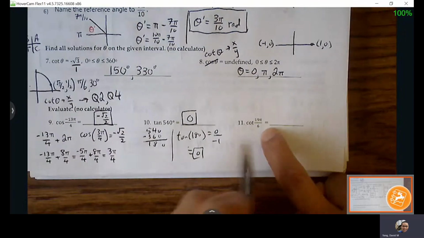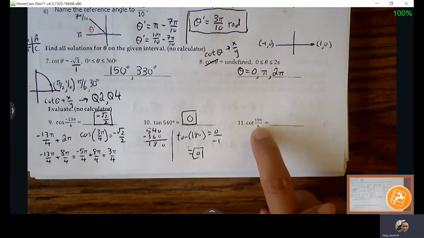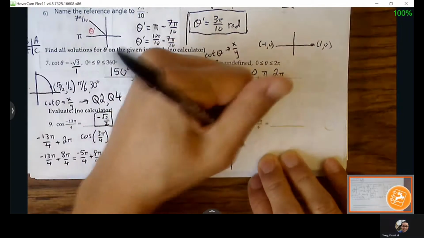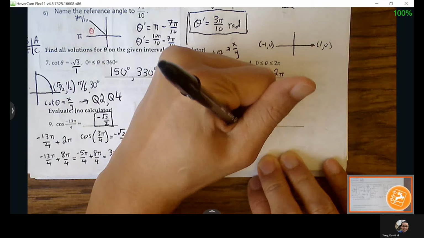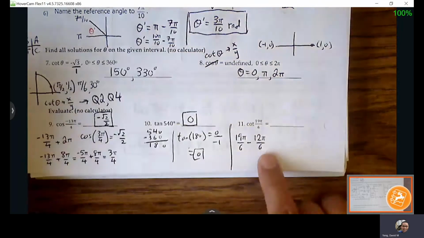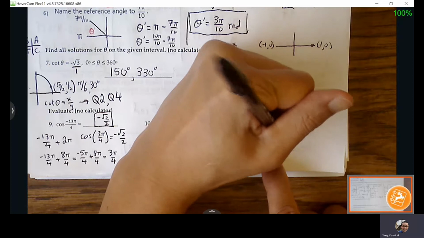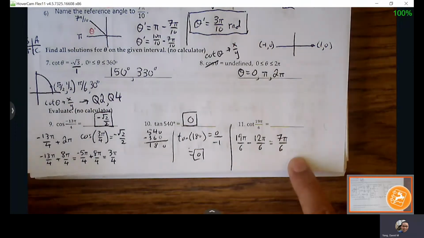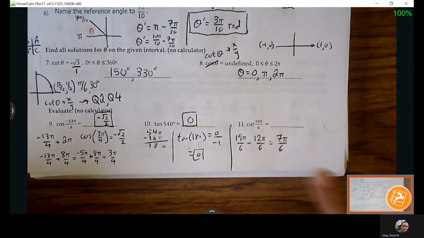Okay, 19 pi over 6, that doesn't fall within my 0 to 2 pi range, so I'm going to subtract 2 pi until I get there. Common denominator. Okay, 7 pi over 6, that's in the third quadrant.